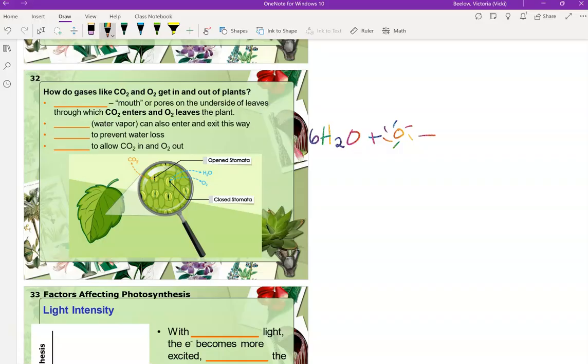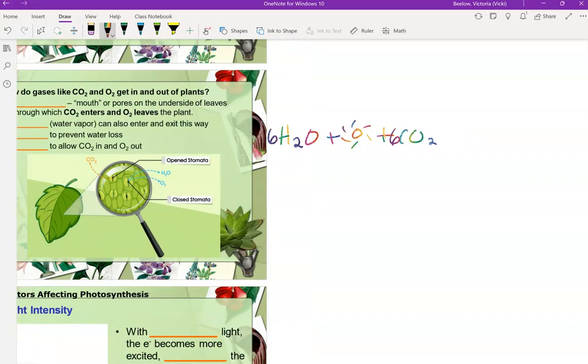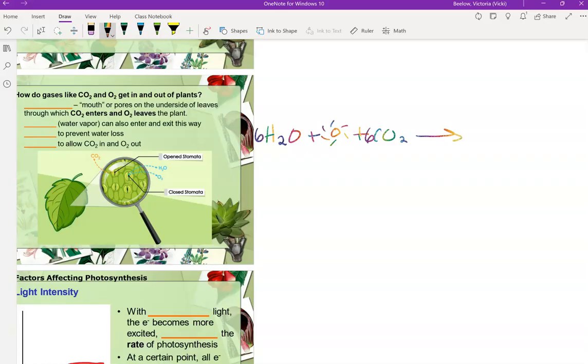And in the dark reactions, that's where we saw the use of CO2, and that is how we ultimately made glucose. And then we also made oxygen in the beginning of the light reactions when we split that water.